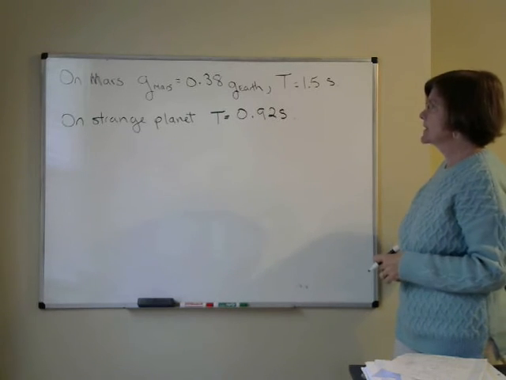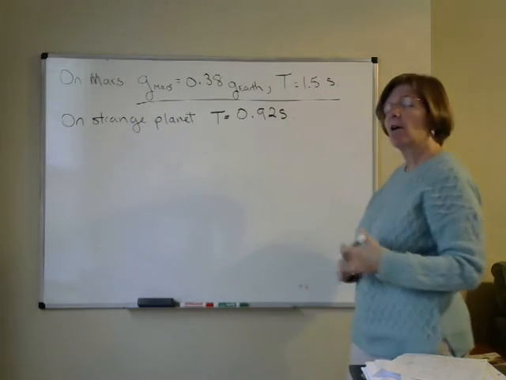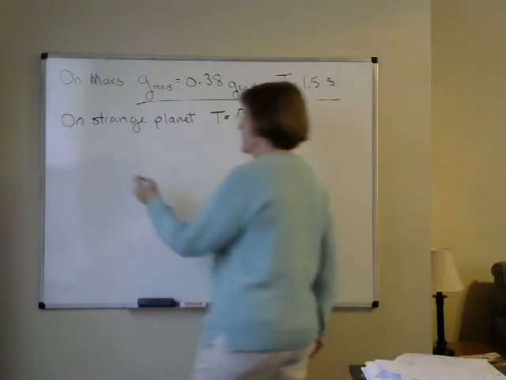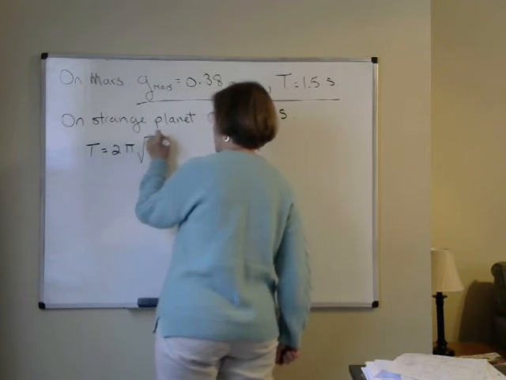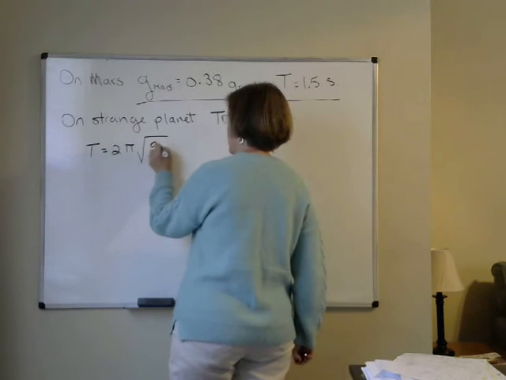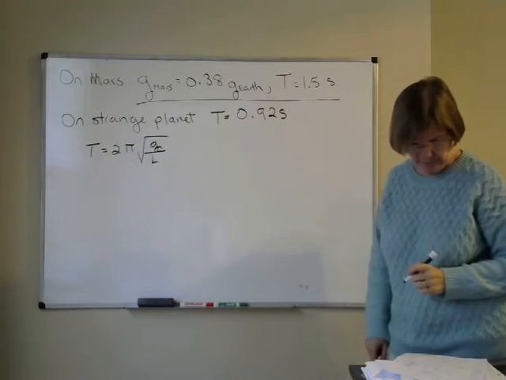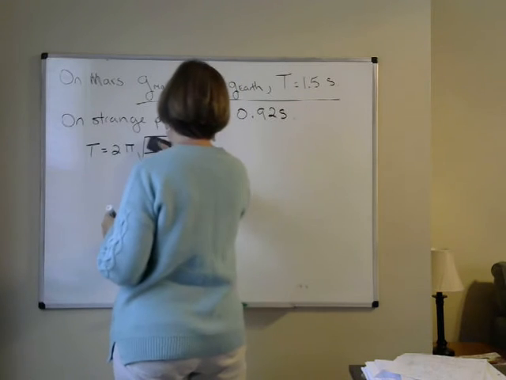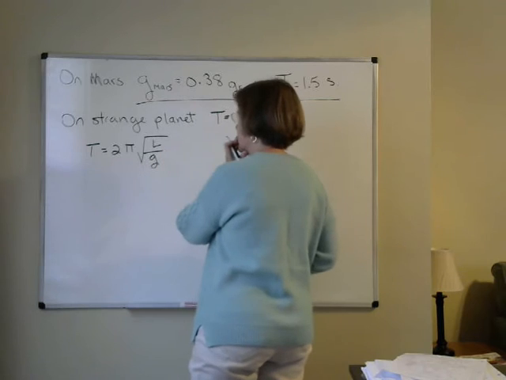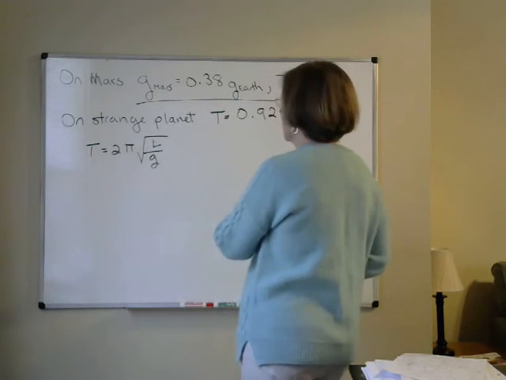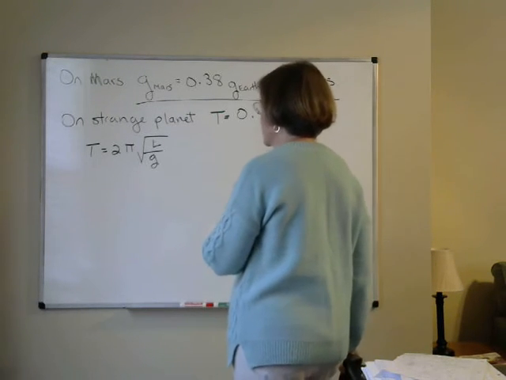I would approach this and say, well, you know what? Let's find how long my pendulum is. How long is this ball on a string? I know the period is 2 pi square root of L over G. So if I want to solve this first situation on Mars to see how long his is, I need to square both sides.